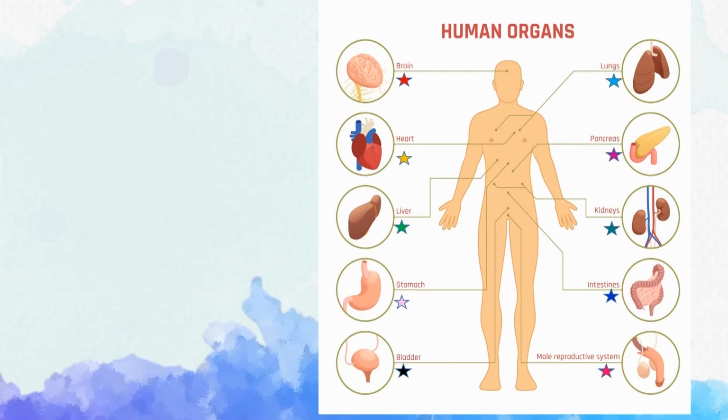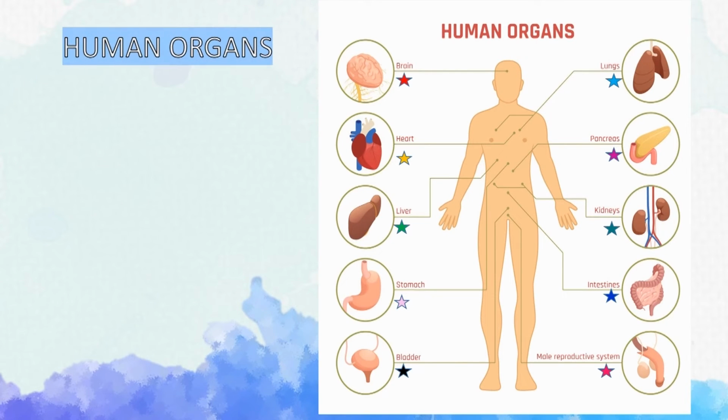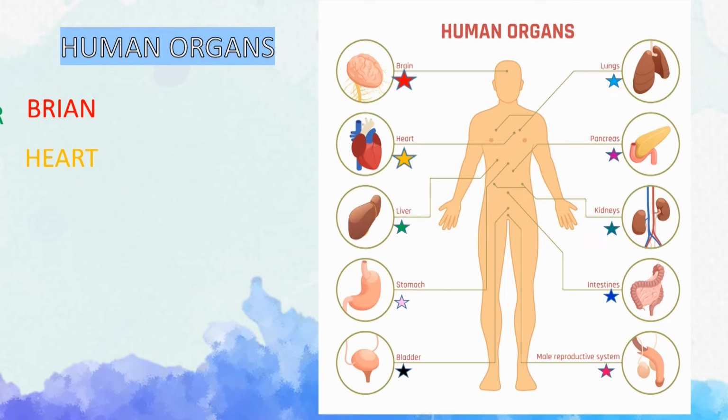Human organs. Now we're going to read about some human organs. The most important organs are the brain, right? The heart, the liver, the stomach, right?